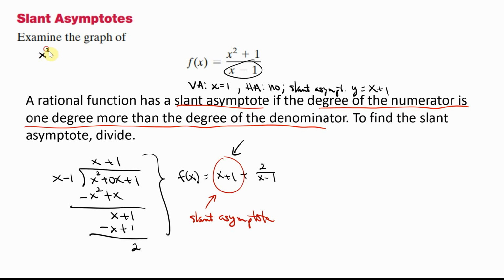So I have x squared plus 1 over x minus 1 equal to 0. Multiply both sides by the denominator, so I end up with x squared plus 1 equal to 0. That gives me x squared equal to negative 1. No real x value. How about that? So there's no x-intercept, no real x value.